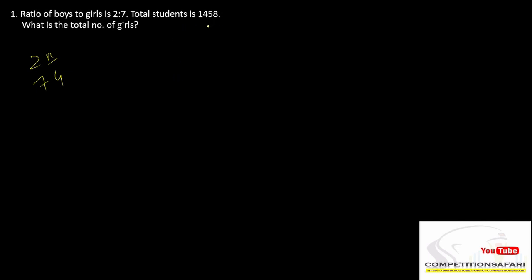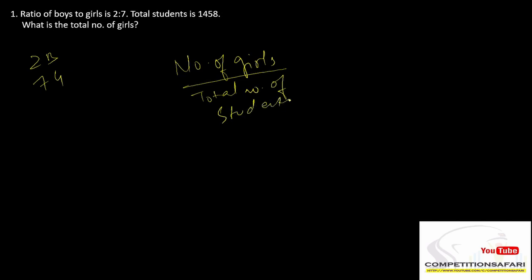Let's look at this question like the total number of girls upon total number of students. So the total number of girls in this group is 7, and the total number of students is 2 plus 7, which is 9.